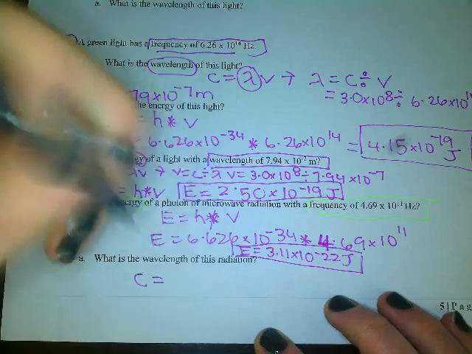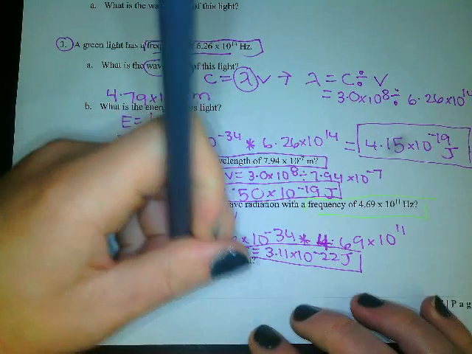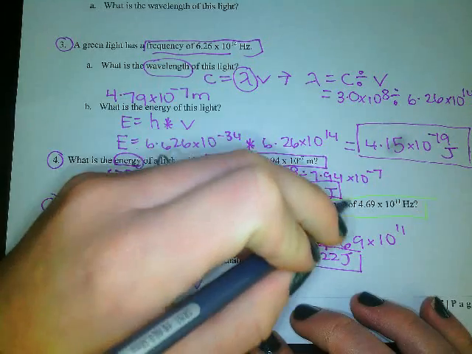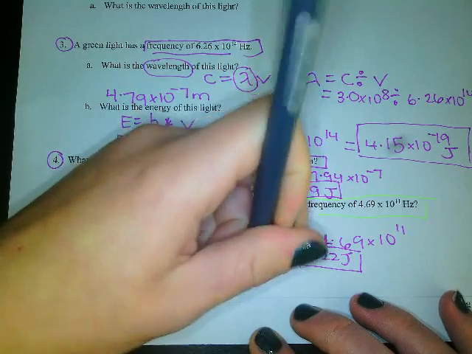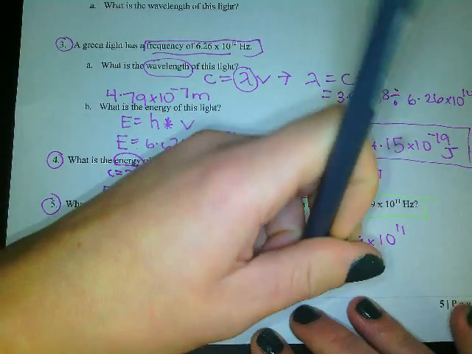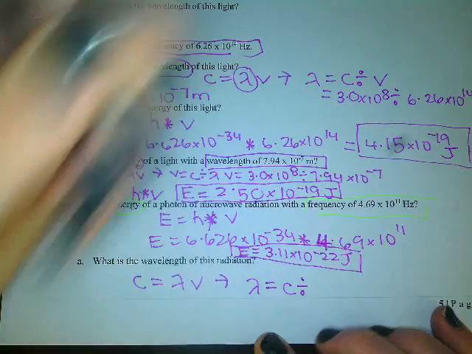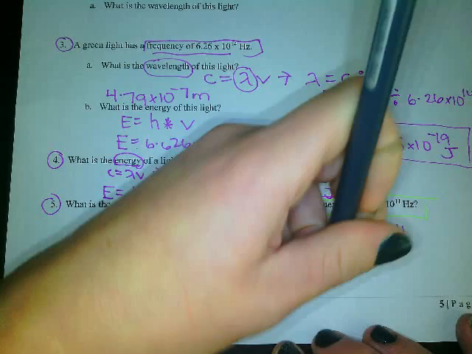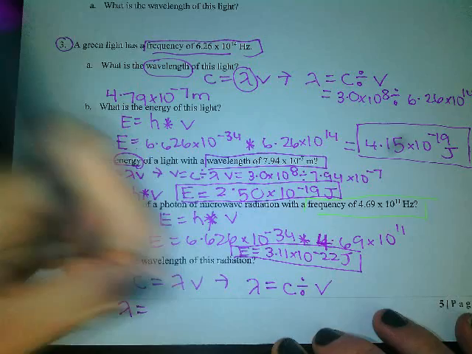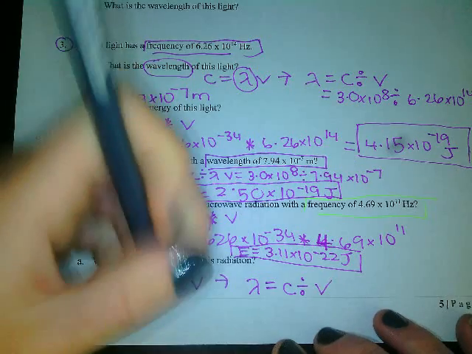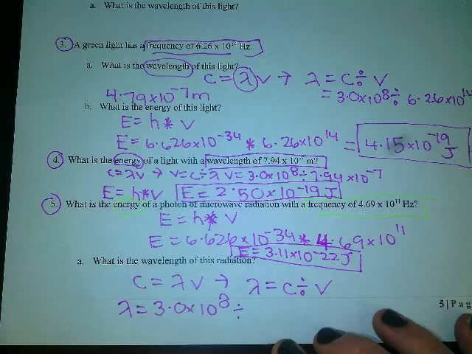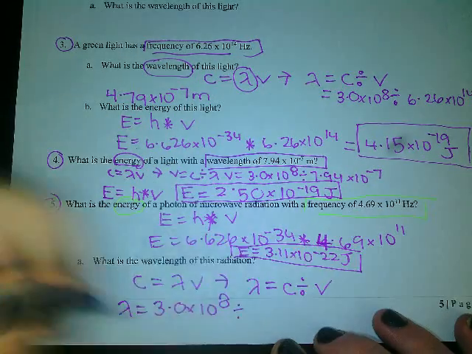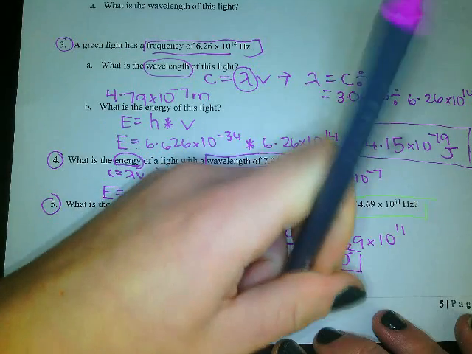C equals lambda V. I have the frequency, so I'm just going to rearrange this to make it lambda is equal to C divided by V. So lambda is equal to C, which is the speed of light, 3.0 times 10 to the 8th, divided by my frequency, 4.69 times 10 to the 11th.